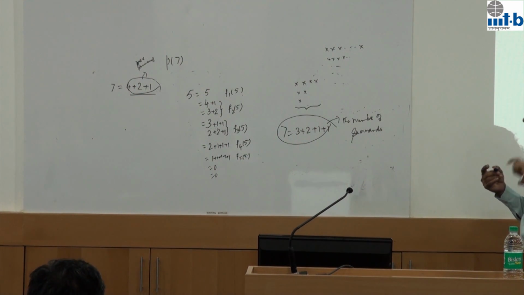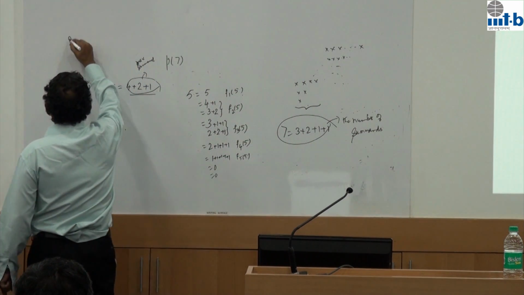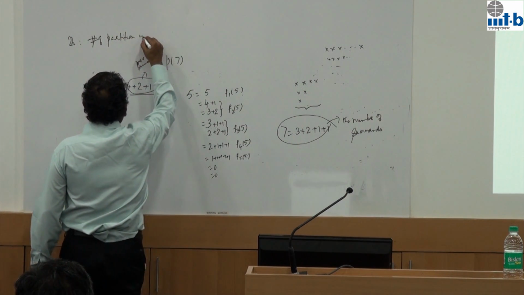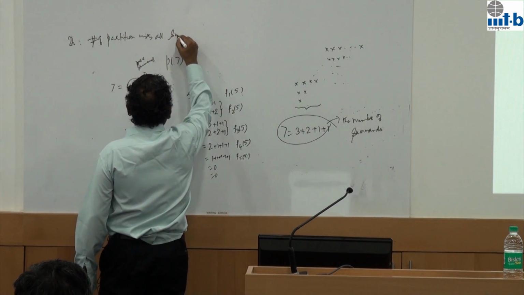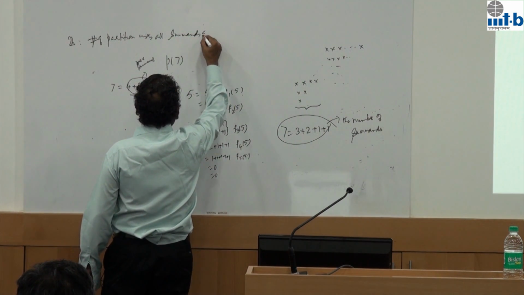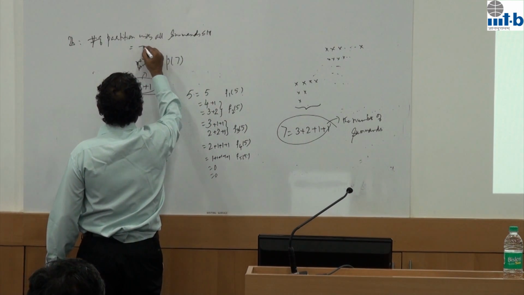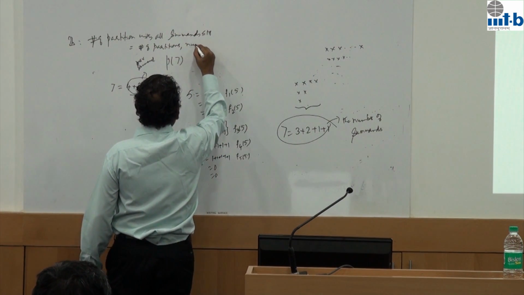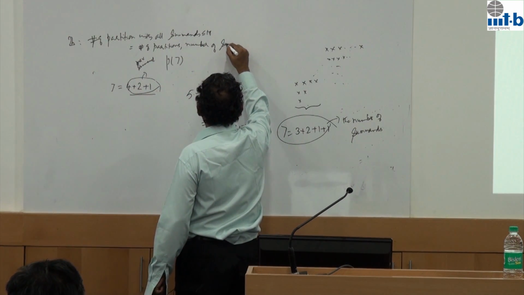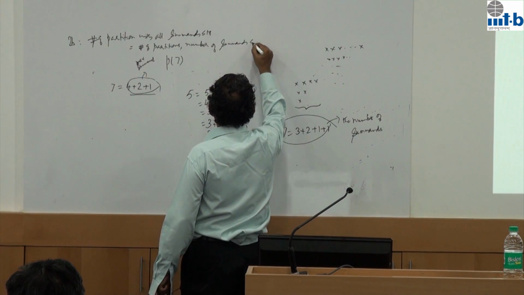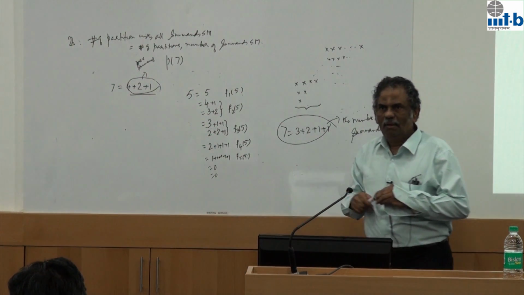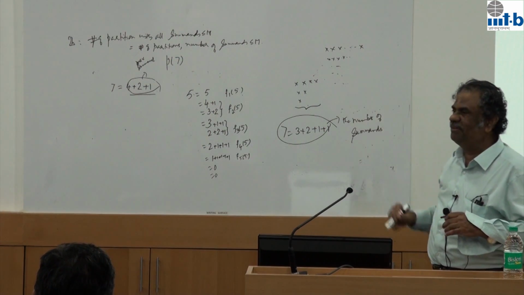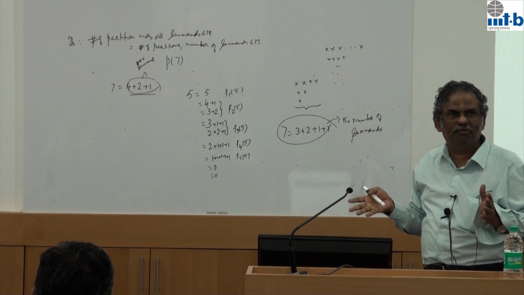That essentially means we have already proved the following theorem: the number of partitions with all summands less than or equal to m equals the number of partitions with the number of summands less than or equal to m. Take all partitions with all summands less than or equal to m, take the conjugate partition, and conversely.